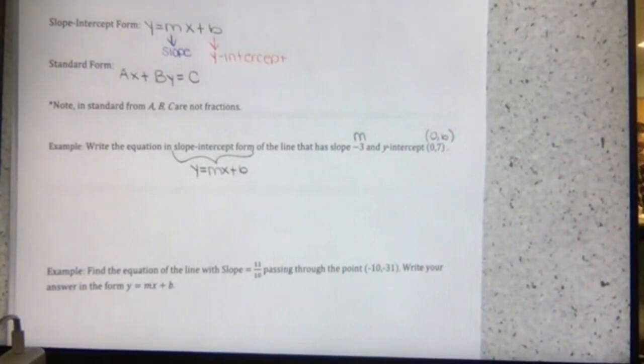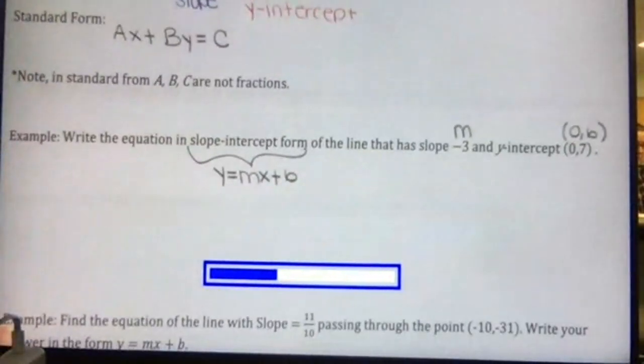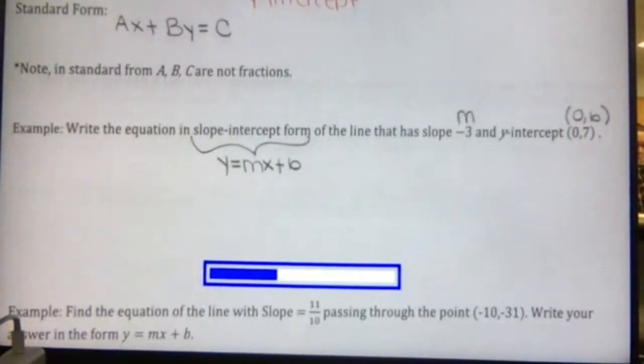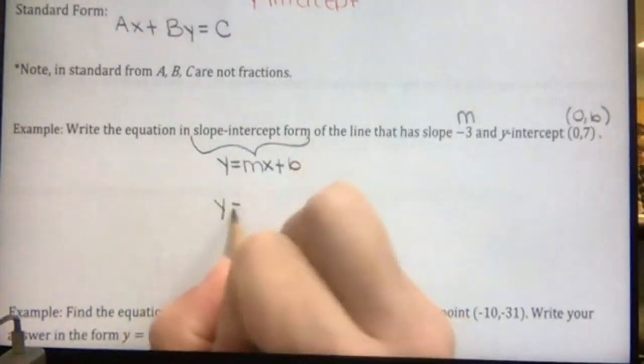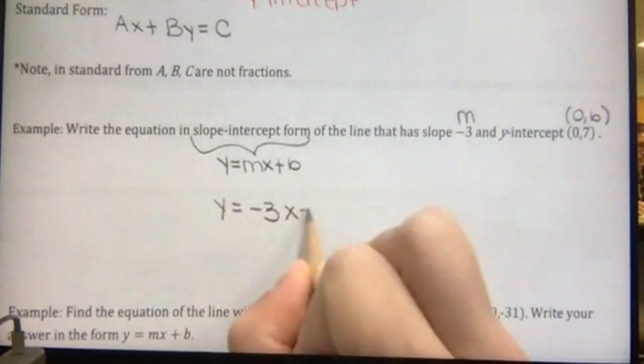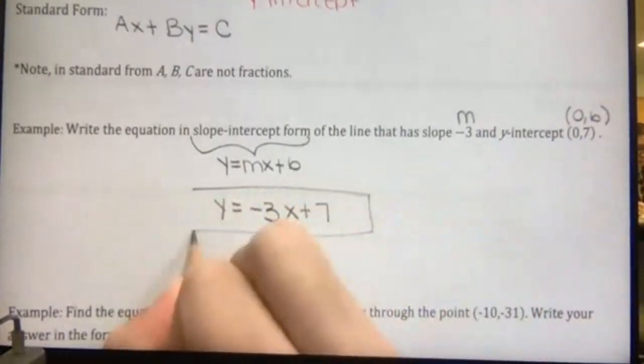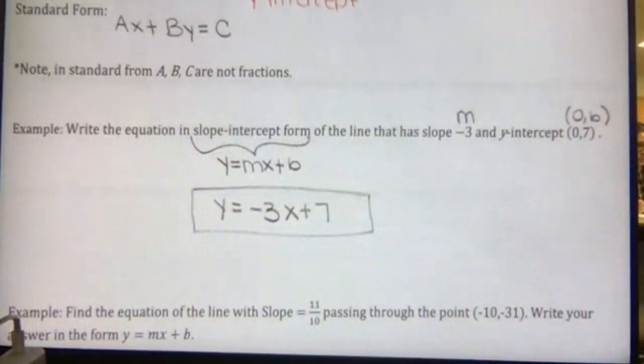So it's telling us that b is +7. Let me zoom in. It's a little bit far. So we have y equals our slope, which is -3, x, and then our b is +7. So y equals -3x plus 7. Done. That's it.